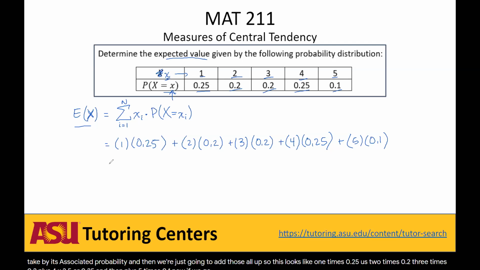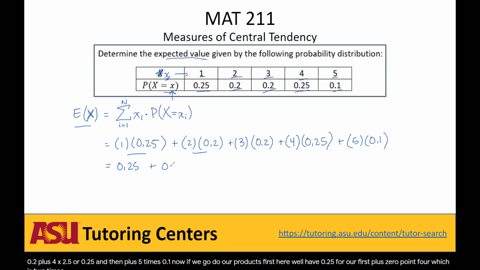Now, if we go and do our products first here, we'll have 0.25 for our first, plus 0.4, which is 2 times 0.2, plus 0.6, plus 1, that's 4 times 0.25, plus 0.5.